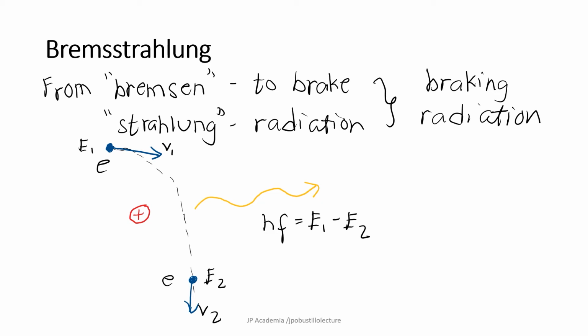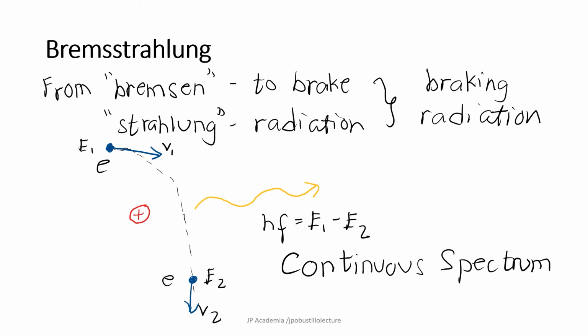The moving particle loses kinetic energy, which is converted into radiation. It's a photon, thus satisfying the law of conservation of energy. And Bremsstrahlung radiation is a continuous spectrum.